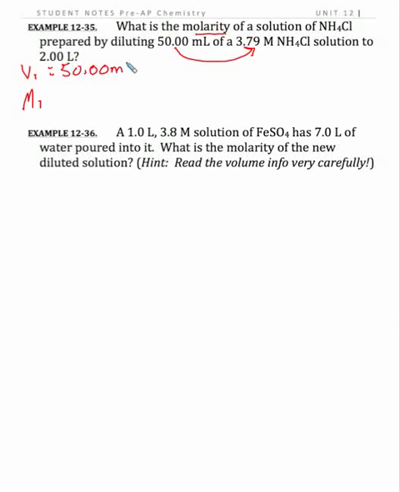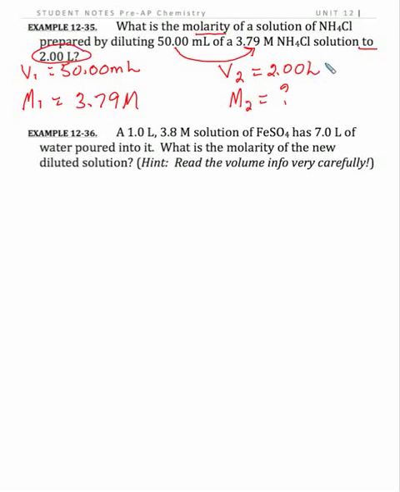So read carefully. 50 milliliters of a 3.79 molar solution. Notice that it's being diluted to a total volume of 2 liters. So V2 is going to be 2.00 liters, and I want to know my M2.